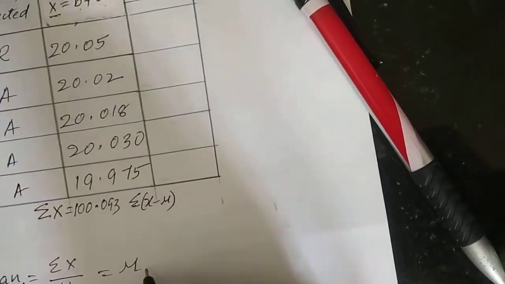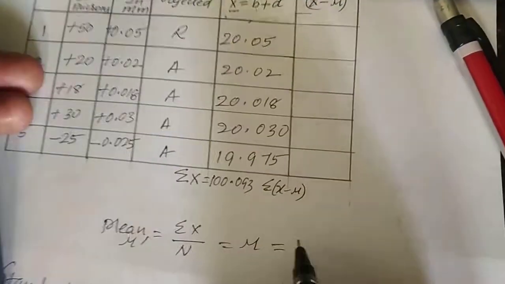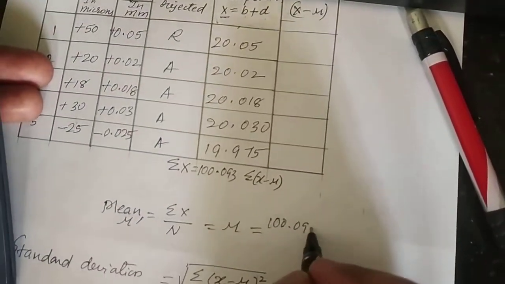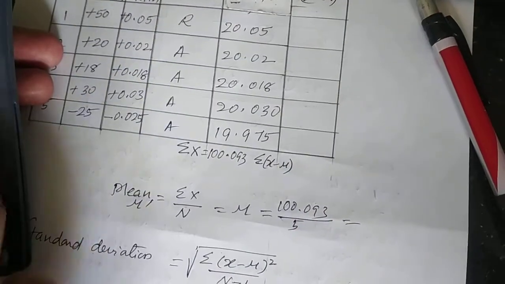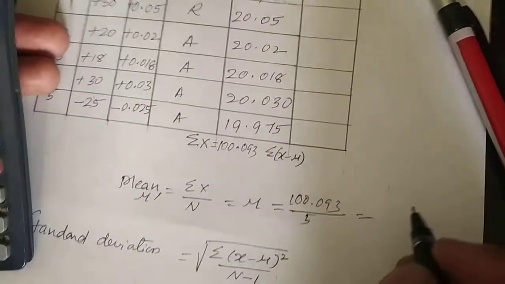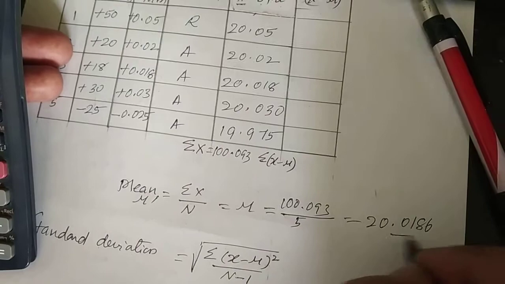So to take the mean, sigma x is 100.093. Number of components I have taken as 5 here, so divided by 5. This is the average, 20.0186, the mean.